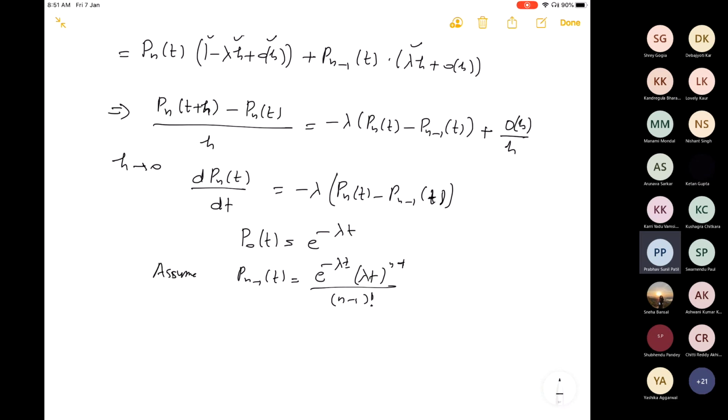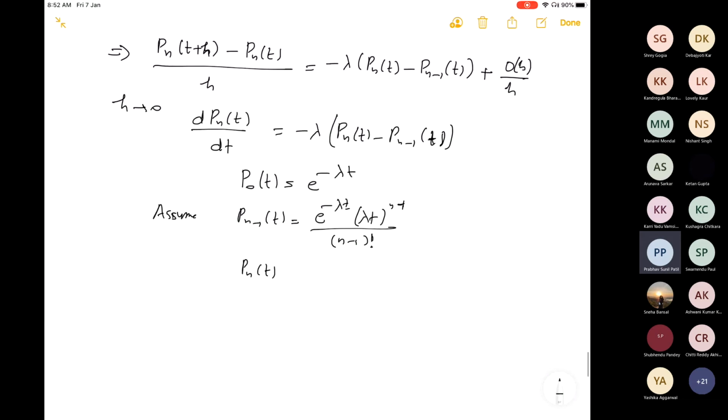Okay, so we assume this thing and try to show it for Pn T using mathematical induction. We have already shown the base case, we are assuming this and trying to show it for Pn T.